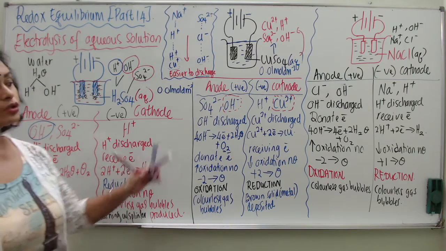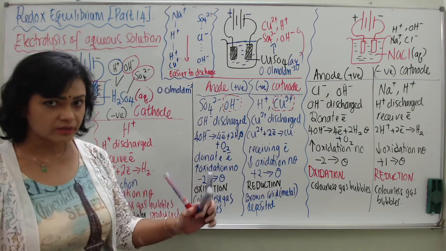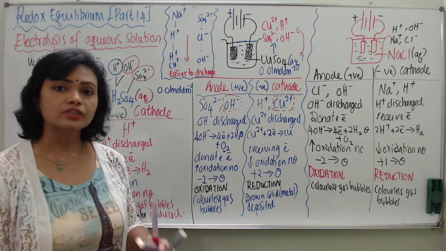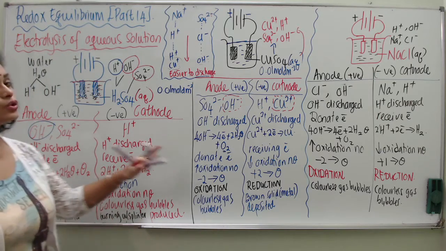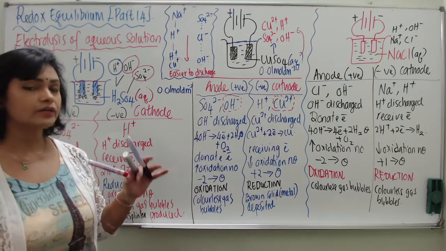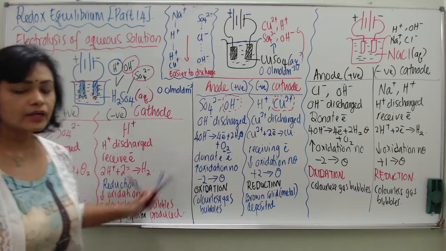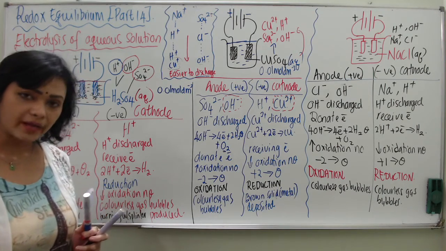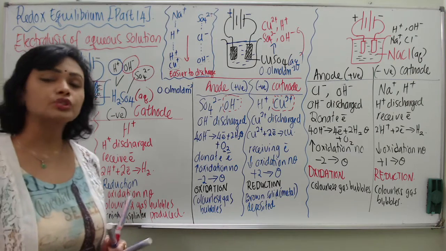So we can use a glowing wooden splinter to test oxygen gas and a burning wooden splinter to test for the presence of hydrogen gas. That is why these two extra steps are important for this kind of electrolysis. I hope students can understand what teacher has explained regarding electrolysis of aqueous solution.